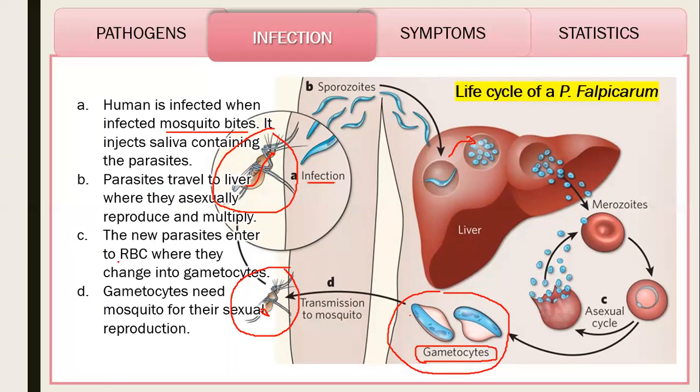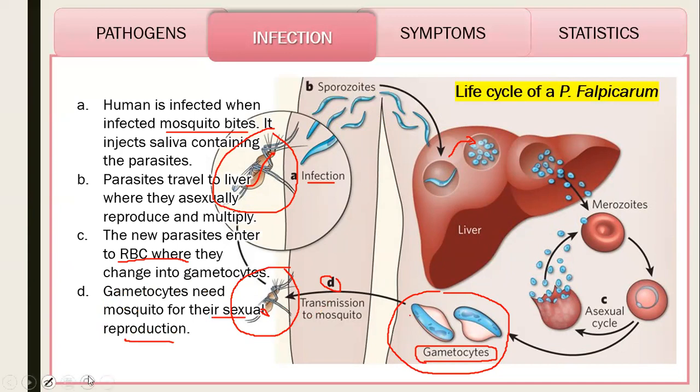And these parasites enter our red blood cells where they undergo their reproduction and produce gametocytes. And in D, gametocytes are transmitted to another mosquito where they are needed for sexual reproduction. And in this way, the life cycle continues.